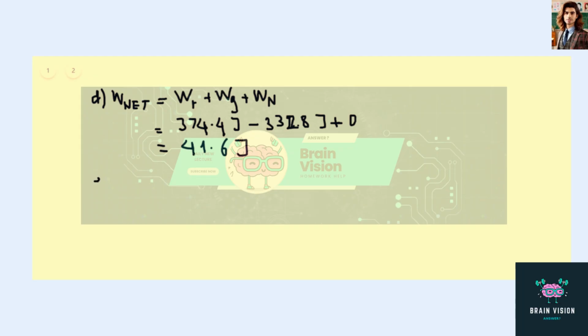Now in part E, the force exerted by the rope, the angle of that force is different now. It is given to us as 50 degrees with respect to horizontal. Remember, the inclined plane is at 30 degrees with respect to horizontal.